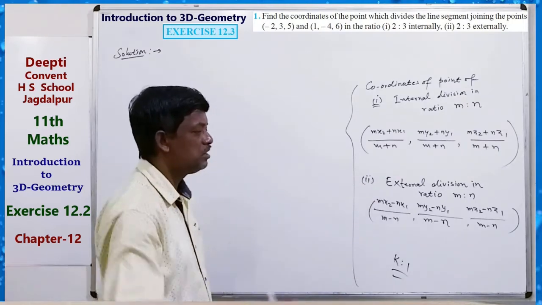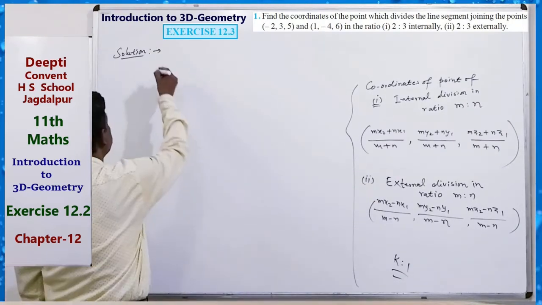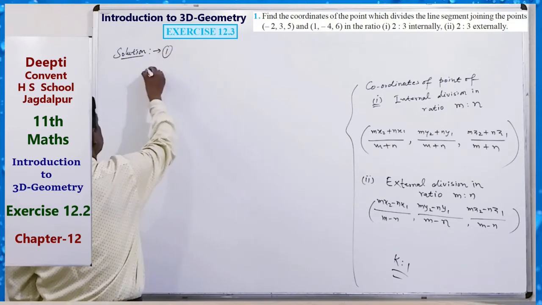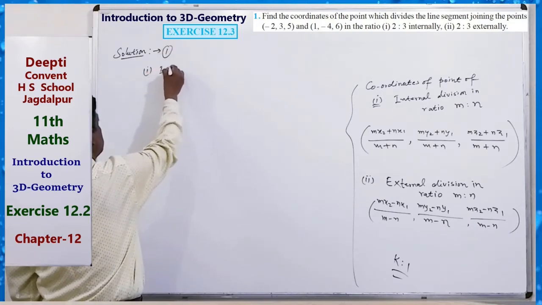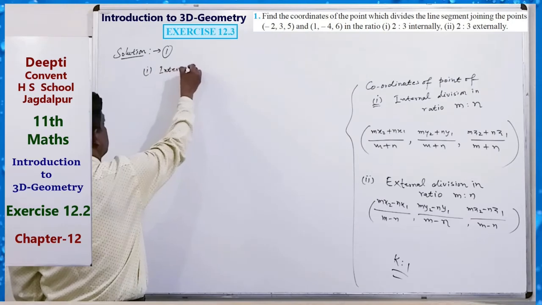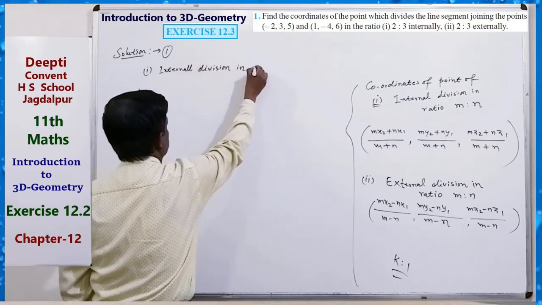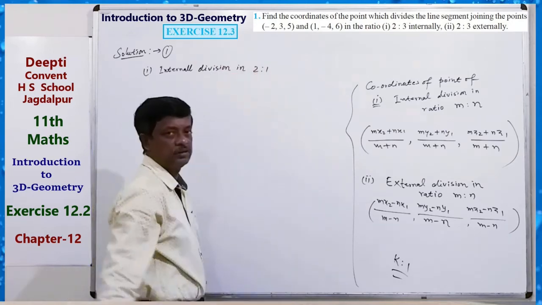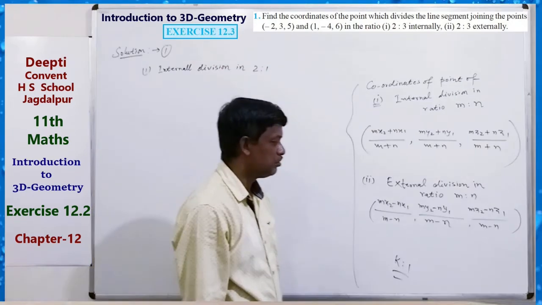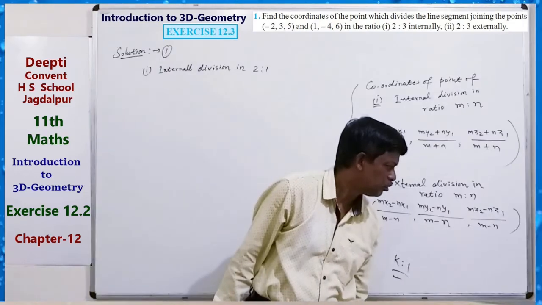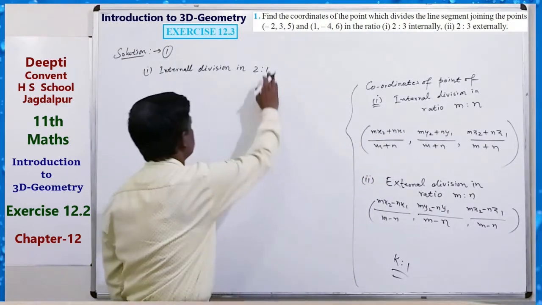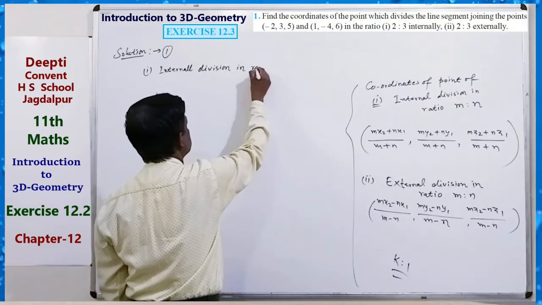First question: internal division in ratio 2:3.